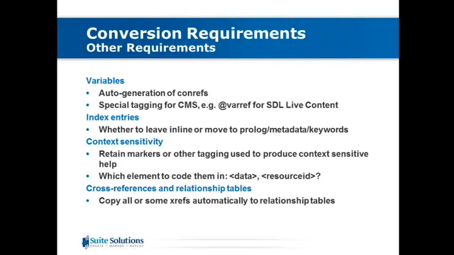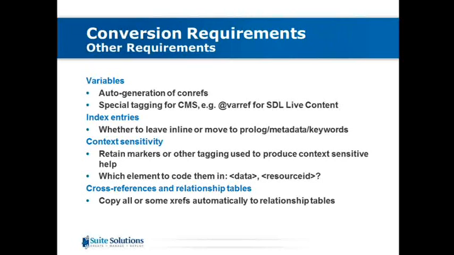On cross-references, often folks take the opportunity to reduce their reliance on cross-references and move to a structure where they're using more relationship links or relationship tables. A lot of folks decide to automatically build up the relationship tables, and then over time remove the xrefs from the text, by rewriting the sentences wherever needed and getting rid of them, since you already have the relationship tables in place.